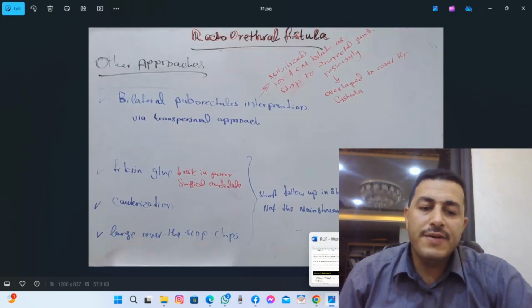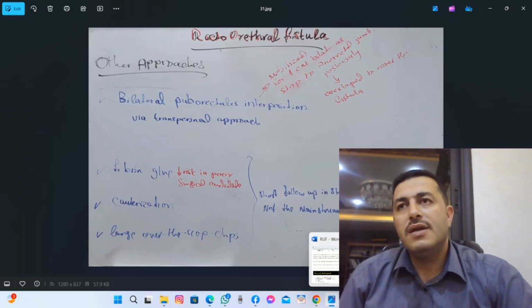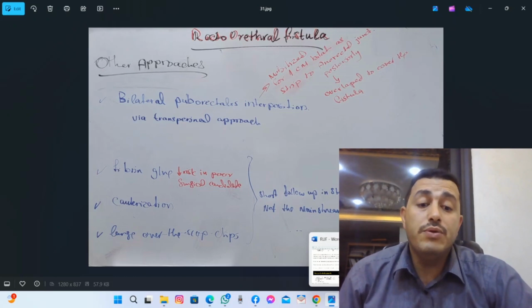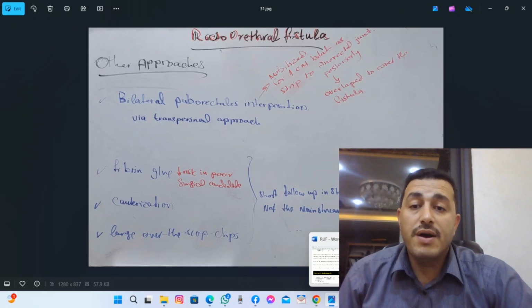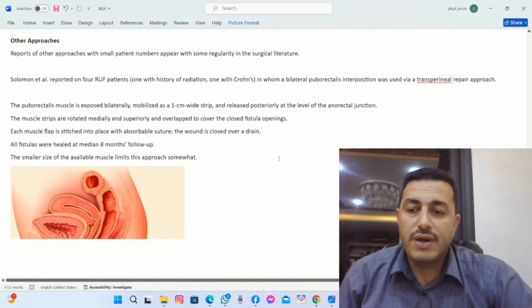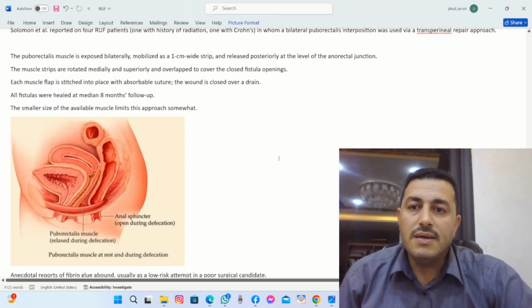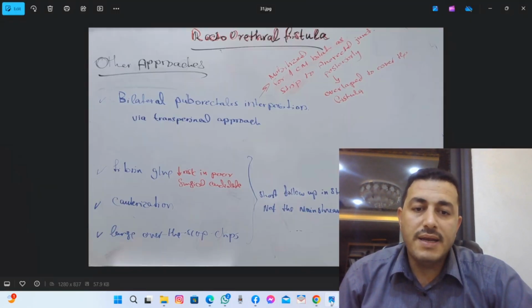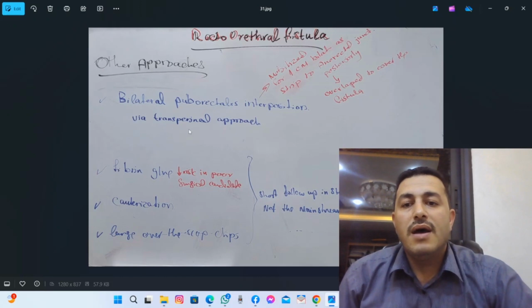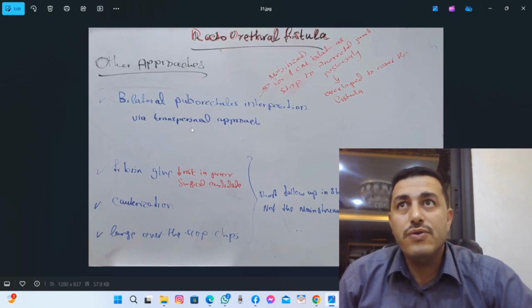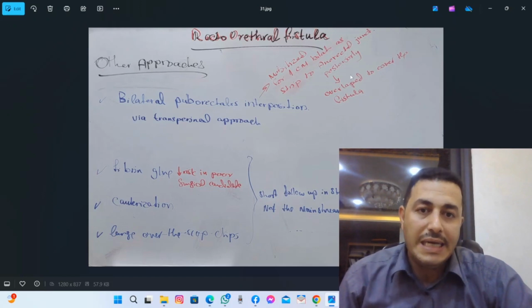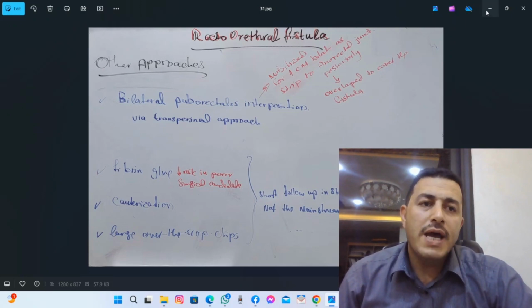Of course we talked about transanal, transperineal, posterior approach, abdominal approach. We have other approaches like, for example, the bilateral puborectalis interposition flap through the transperineum, through a transperineal approach.